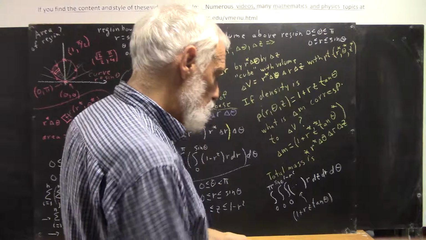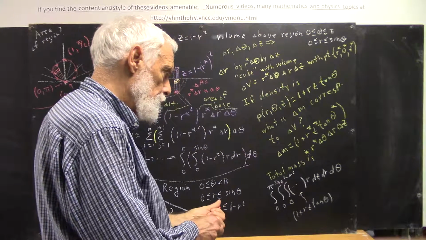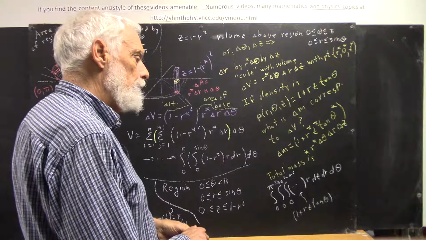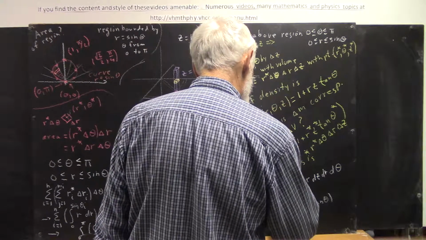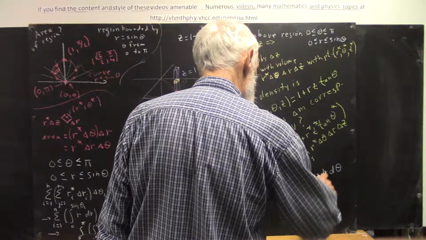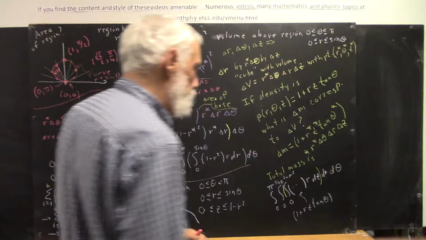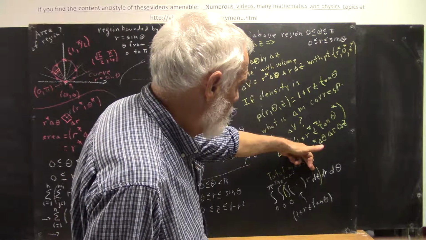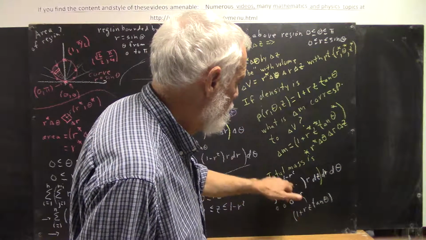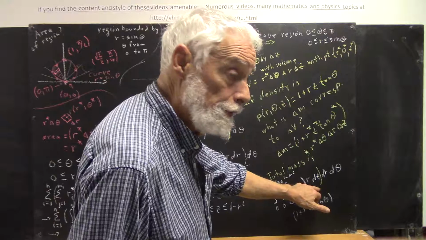This integral will work. We start by integrating with respect to z. So that's going to be our innermost integral here. And then our z's are going to go away when we substitute 0 and 1 minus r squared for all of our z's.